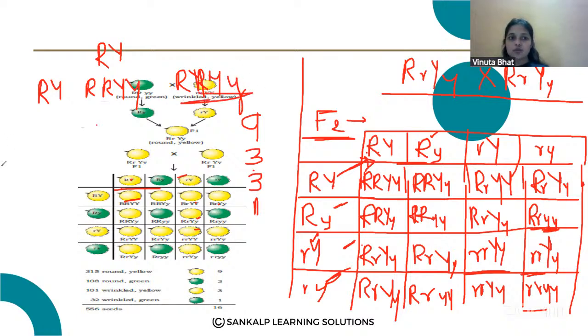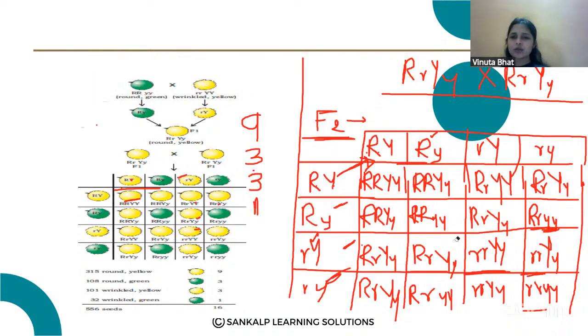So like this, you should make the combination. Don't learn this by heart. This is very easy. If you write the gametes properly, you can write the new plants obtained in the F2 generation. Okay, I hope this is clear. I will explain in the next question also. The same questions we will take.